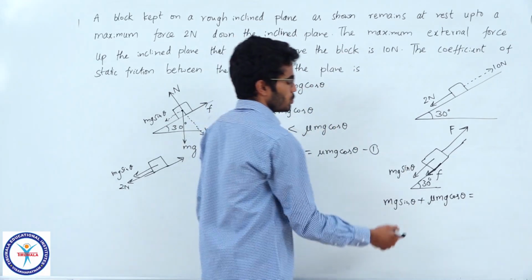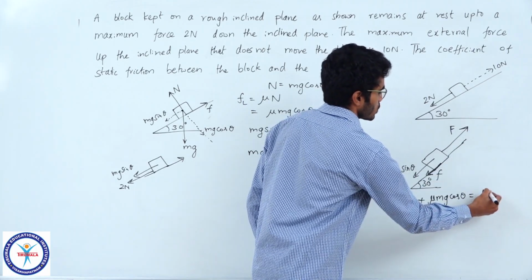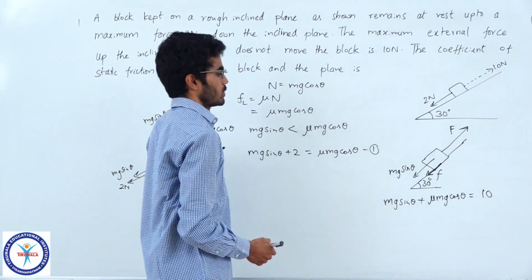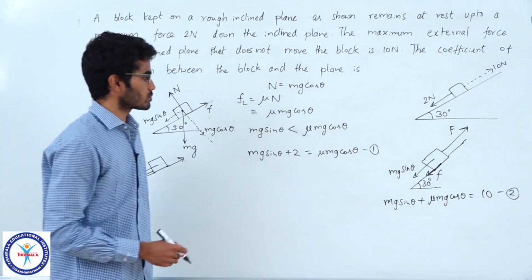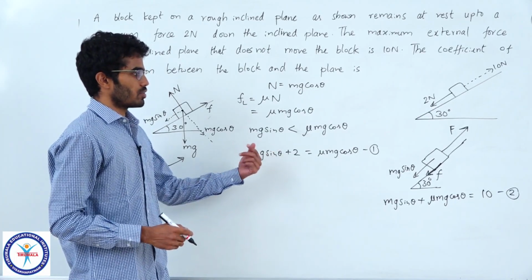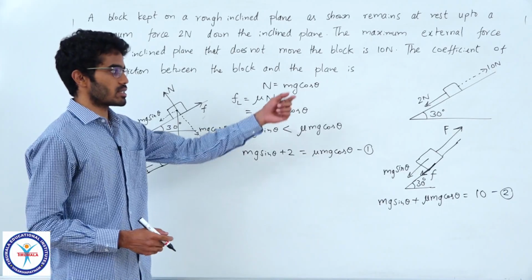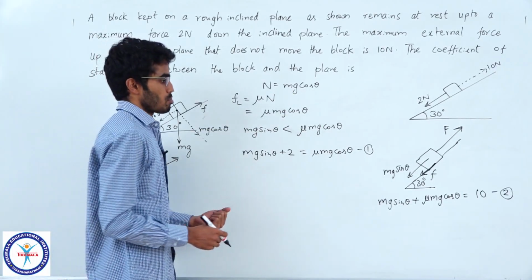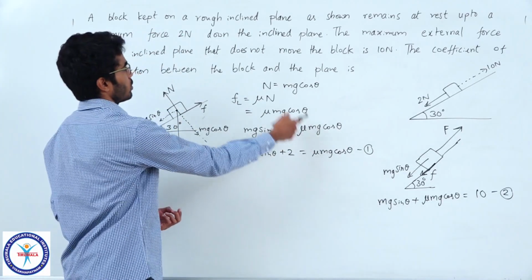Mg sin theta plus mu mg cos theta is equal to the maximum force, which is 10 newtons. So, this is our second equation. So, observe here, the force of friction is changing in direction. In one case it is acting upwards, in the other case it is acting downwards. So, let us solve these two equations. We have to calculate mu.